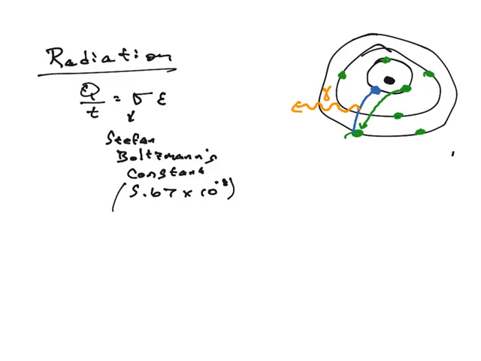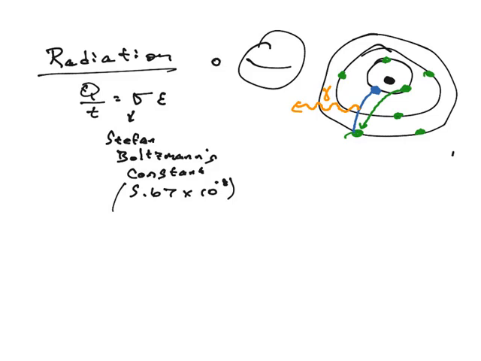Well, obviously, if you have a very large object, then you have lots of different places for this light to be emitted from, right? If you have a big, huge sphere, like this, here's my sphere, then all of the surface of the sphere has little locations where light beams can be coming out of.